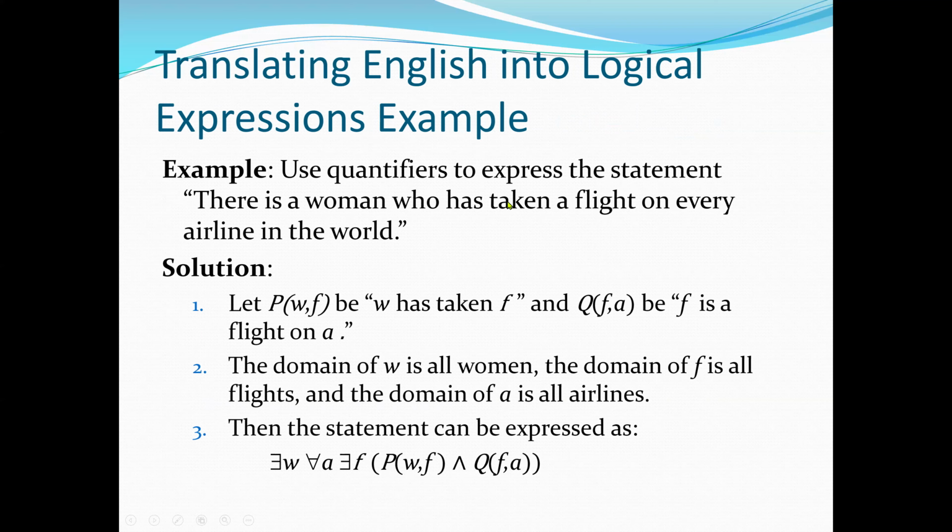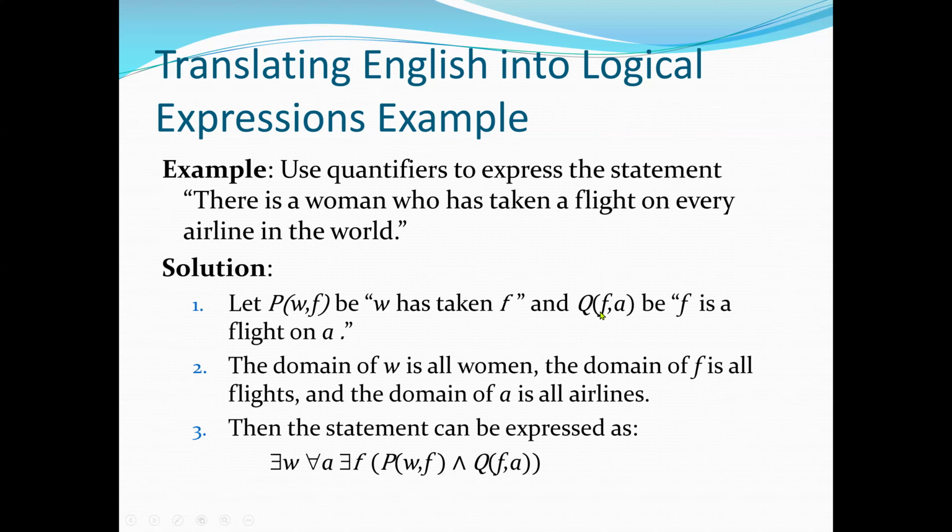And then use quantifiers to express the statement, there's a woman who has taken a flight on every airline in the world. So we have P(w, f). Here, w has taken f, which means the woman has taken a flight.